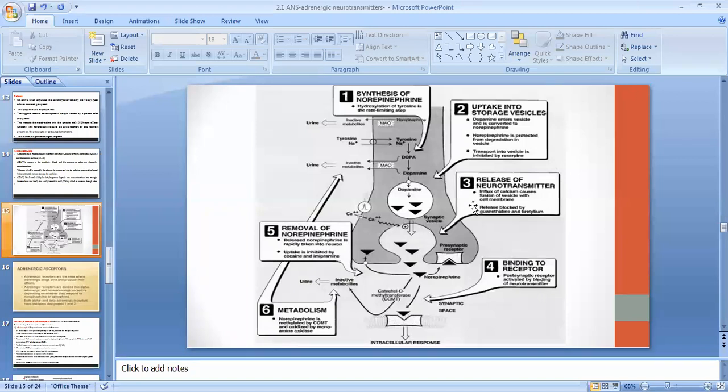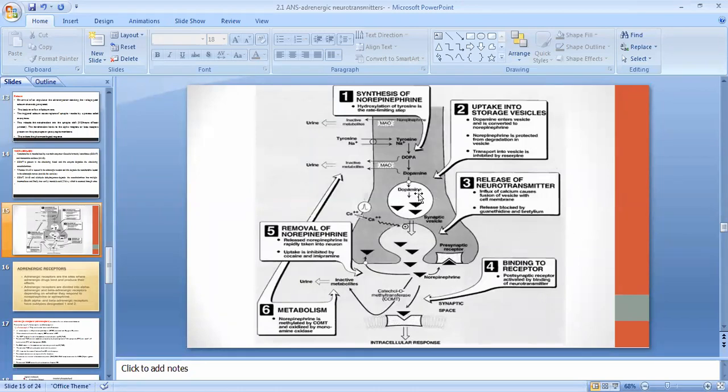Now the next, once the calcium ions have entered, there will be a release of neurotransmitters. The influx of calcium causes fusion of vesicles with the cell membrane. When calcium enters the nerve, it fuses with the vesicles which contain the neurotransmitter.